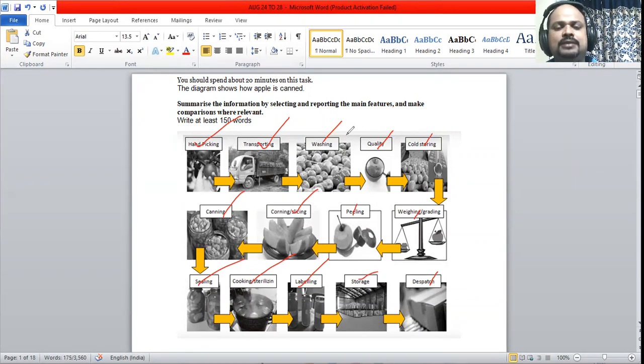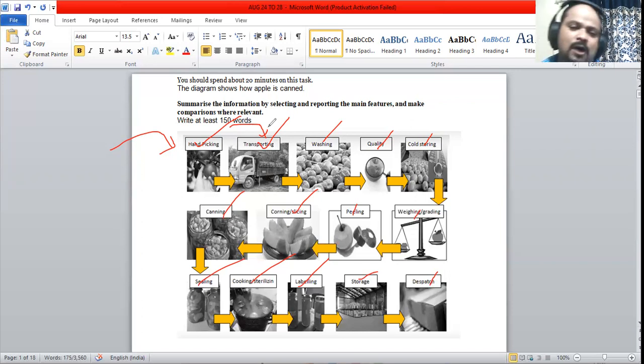You see only the pictures. They won't write hand picking, transporting, all these things. You need to interpret what exactly it is, and you need to be careful about the tense, the voice, the sequence, and the main verbs. And that makes it complex.